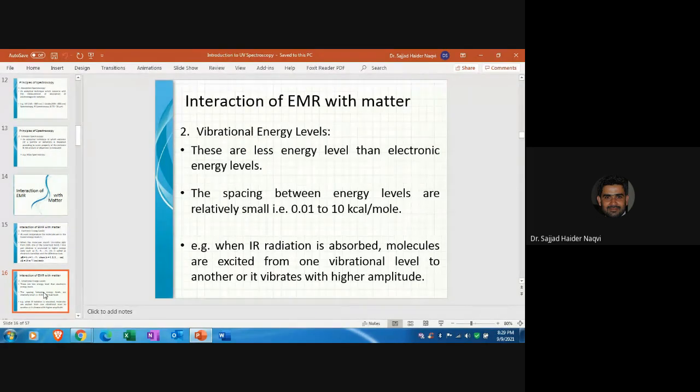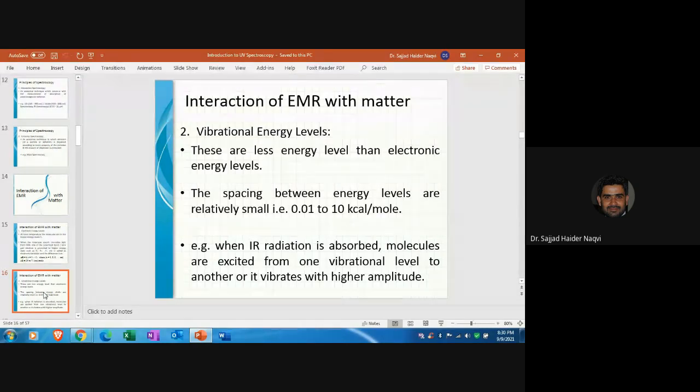What is vibrational energy level? We know that the material atoms are not stationary. Atoms will have their electrons, and all the time they are in a vibrational mode. And when they are in the vibrational mode, they would have some energy in them. So that's what we call the vibrational energy.